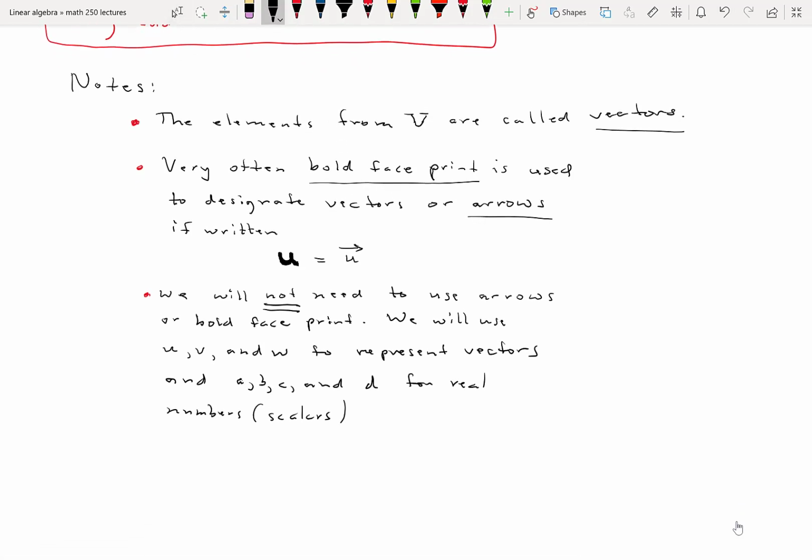So if I write a times u, then automatically, unless it's stated differently, we assume that a is a real number or scalar. Remember, scalars and real numbers mean the same thing. And that u is a vector, just because we're reserving u, v, and w for vectors and a, b, c, and d for real numbers.